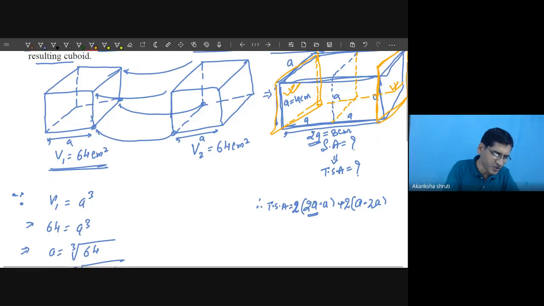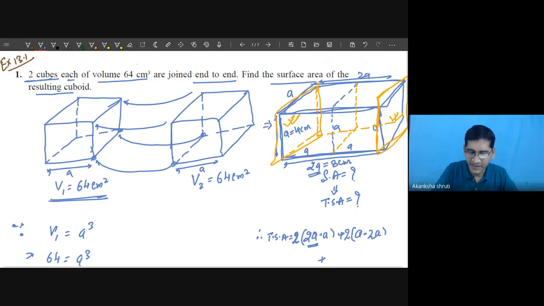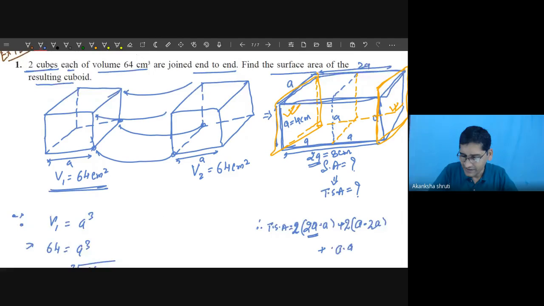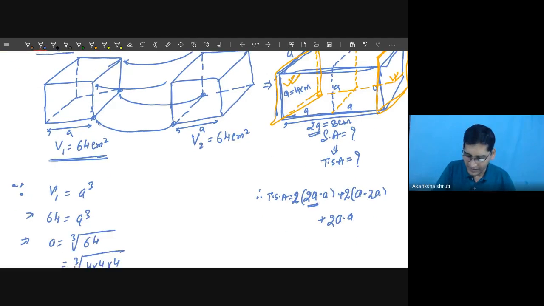So that also needs to be added, and they are 2 in number, but their side lengths are A and A. So we need to put A and A, but this needs to be twice. So just add it. So TSA becomes 2 into 4A square plus 4A square plus 2A square.